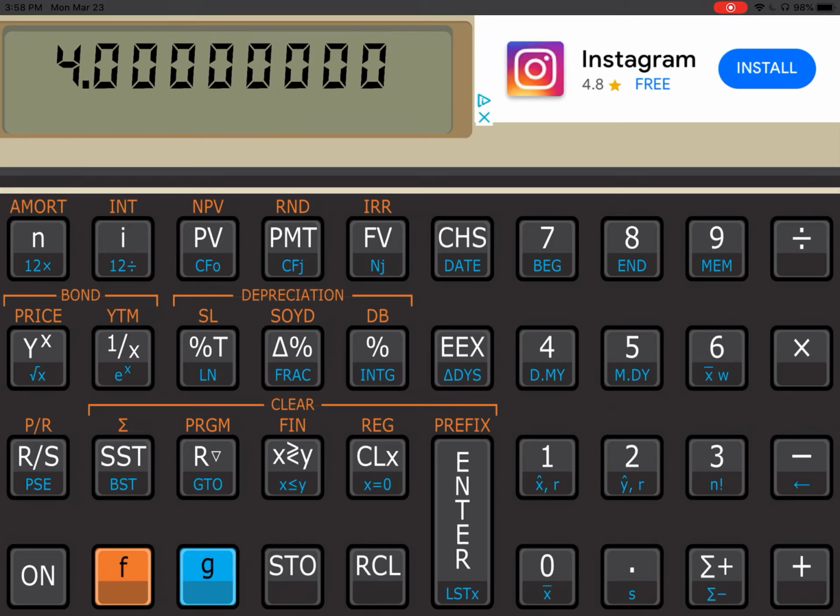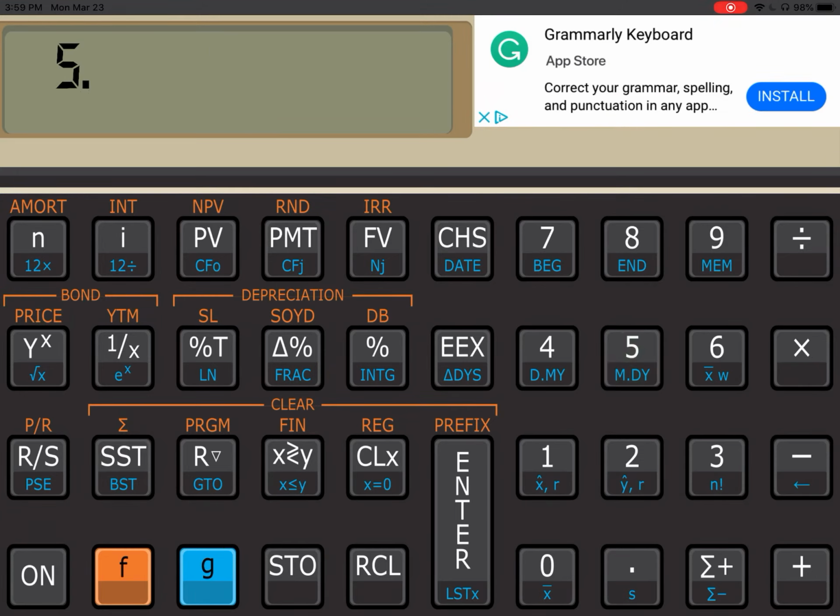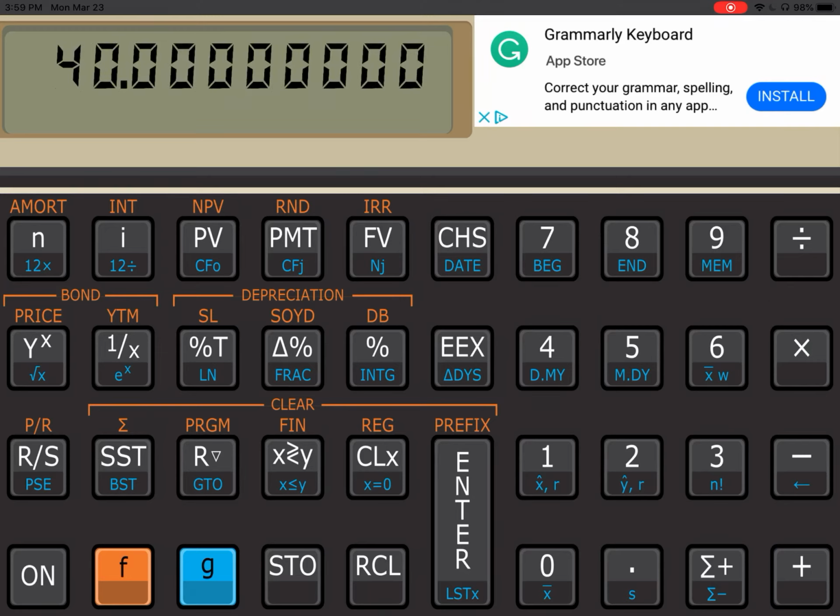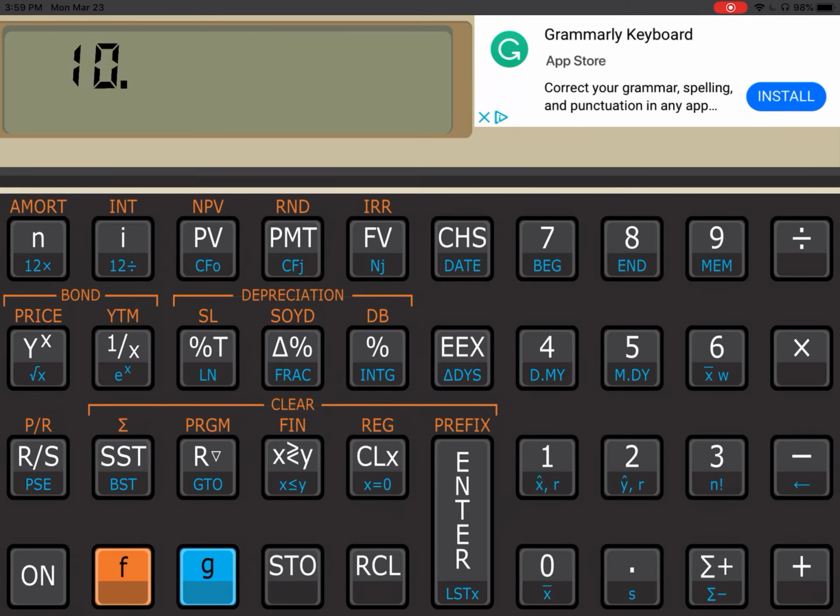If we wanted to add 4 to 4, we would simply add 4 and the plus sign. If we wanted to then multiply 8 times 5, 8 is showing and ready to be used, so we could just press enter, 5, and then times to get 40. Likewise, if we now wanted to divide 40 by 10, you can just press 10 and then divide. Those are typically how the basic functions work.